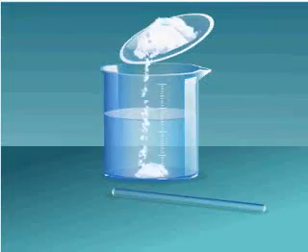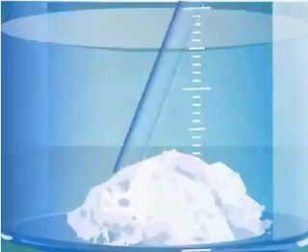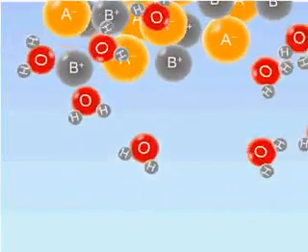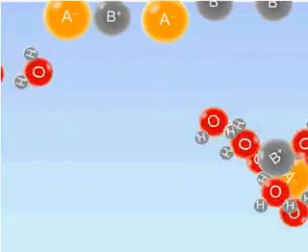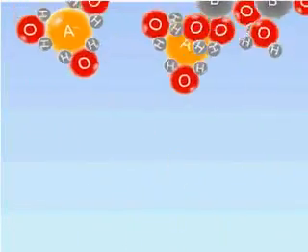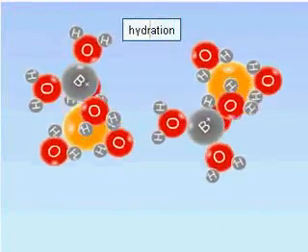The dissolution of a crystal of a salt in water is accompanied by a process whereby the ions that make up the salt become surrounded by water molecules. This phenomenon is termed hydration.